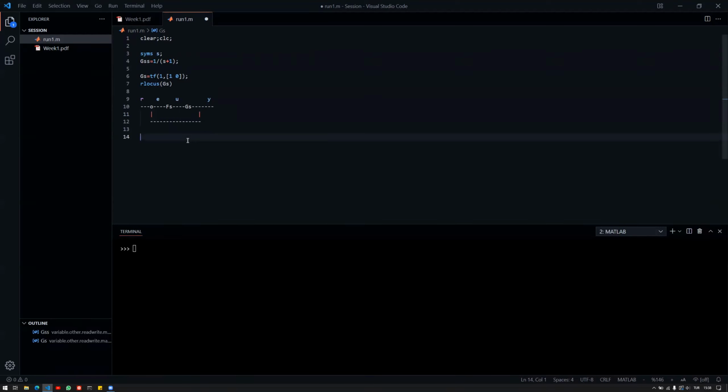So the output is basically the input reference. There's no difference between them. Of course, this is not possible initially because there will be a difference. If, for example, the system has no input, then the output of the system will be 0. And if I have a certain reference, the difference will not be equal to 0.